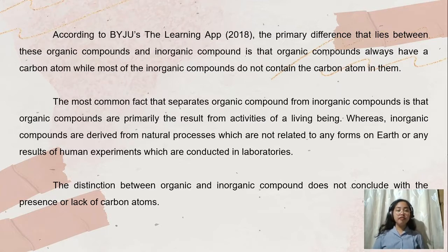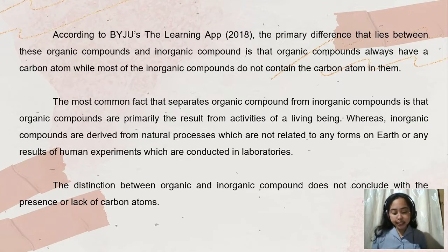Then the most common fact that separates organic compounds from inorganic compounds is that organic compounds are primarily the result of activities of a living being, whereas inorganic compounds are derived from natural processes which are not related to any life forms on earth, or any results of human experiments conducted in laboratories.